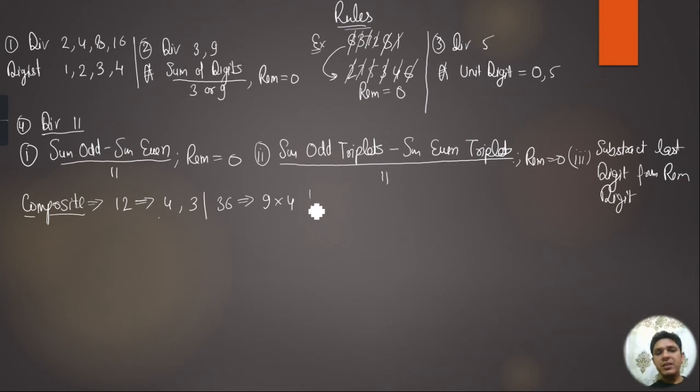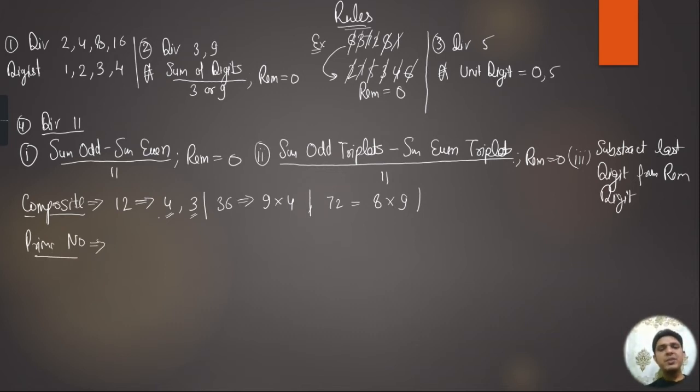Likewise, for divisibility by 72, you check the divisibility by 8 and 9, right? Because we have the individual rule of divisibility by 4, by 3, and likewise for 36 and 72 also, right?